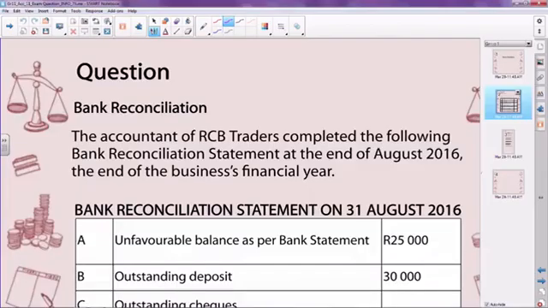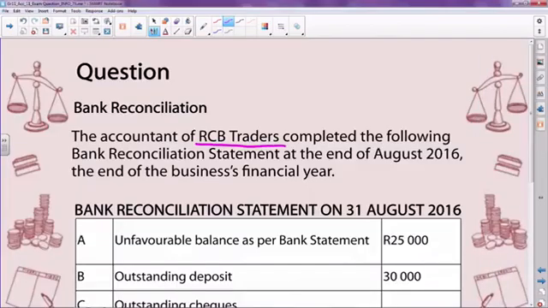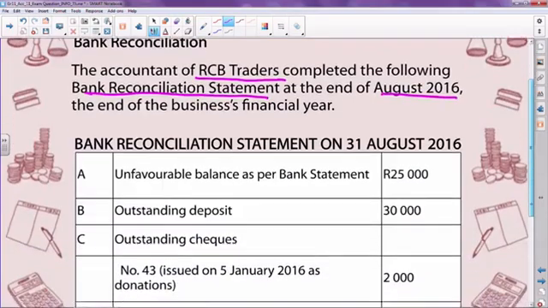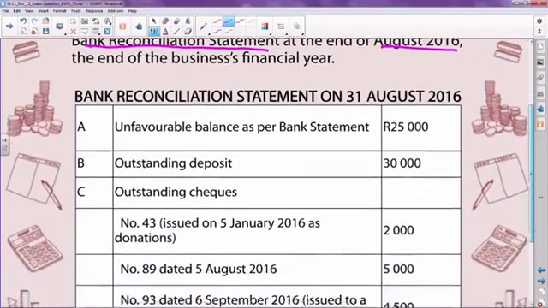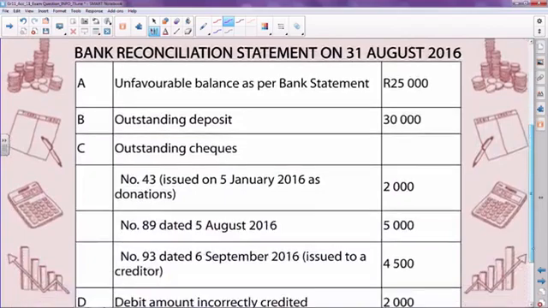The information that we are given: the accountant of RCB Traders completed the following bank reconciliation statement at the end of August 2016, the end of the business's financial year. So we've got in front of us a completed bank reconciliation statement. Let's just quickly go through it.